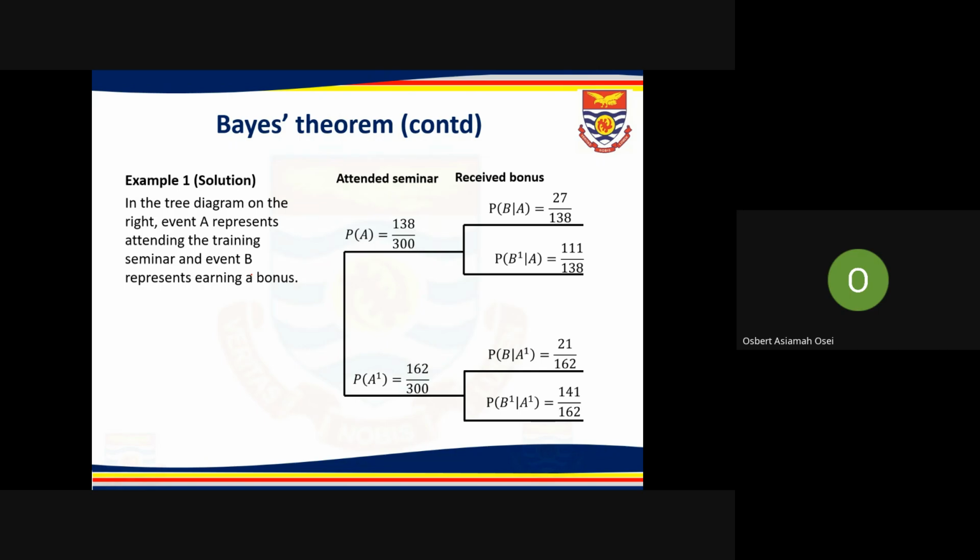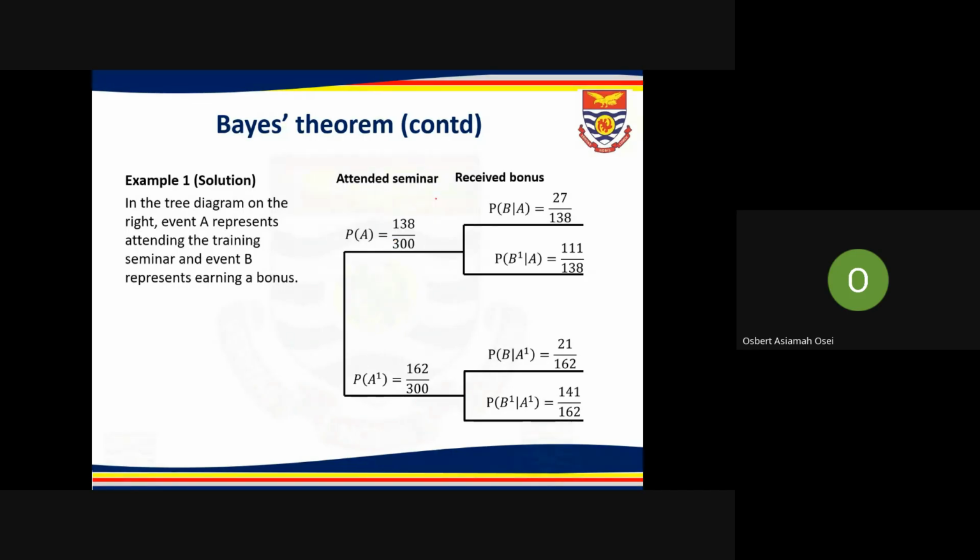Okay, solution. Let's get the tree diagram set up. I think the other time we explained this tree diagram. So we have 300 sales representatives, and then we have 48 who earned the bonus by selling over their quota.